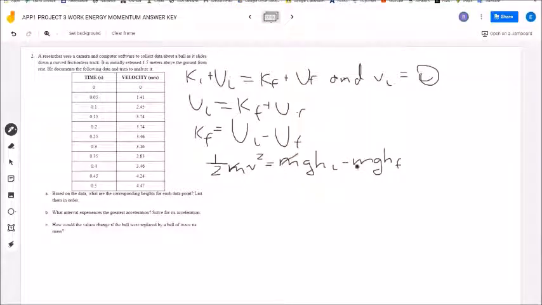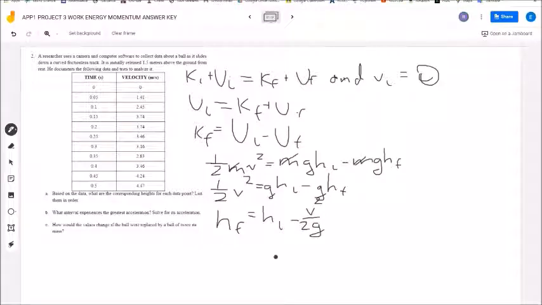Now we can cancel out the m's, and we're left with 1/2 v squared equals ghi minus ghf. This equation can be rearranged so that we factor out the g and isolate hf. We get hf equals hi minus v squared over 2g.